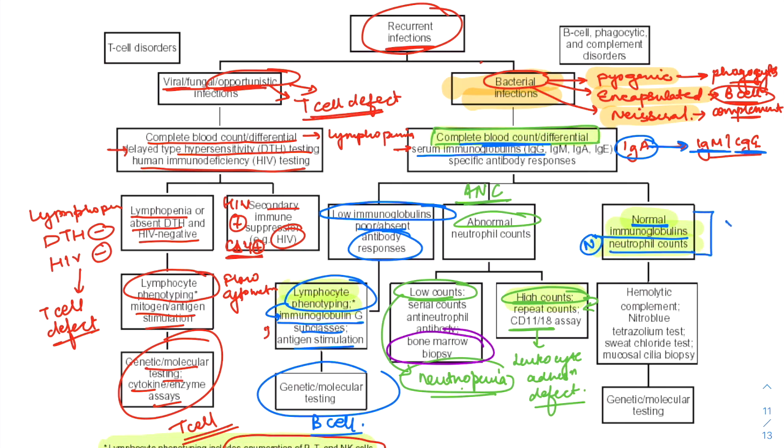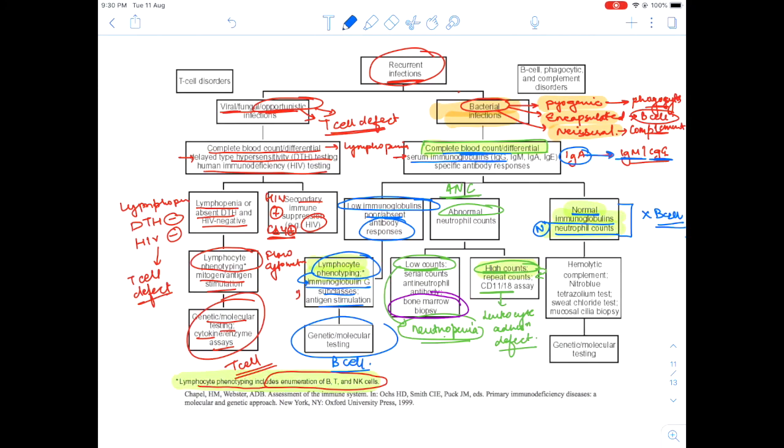That means this is not a B cell defect, and neither can it be a neutropenia. So it has to be a defect of either the macrophages, the phagocytes, and it can be defect in the complement. To detect defect in the macrophages or the macrophage killing, like in the chronic granulomatous disease, we have to do the nitro blue tetrazolium test.